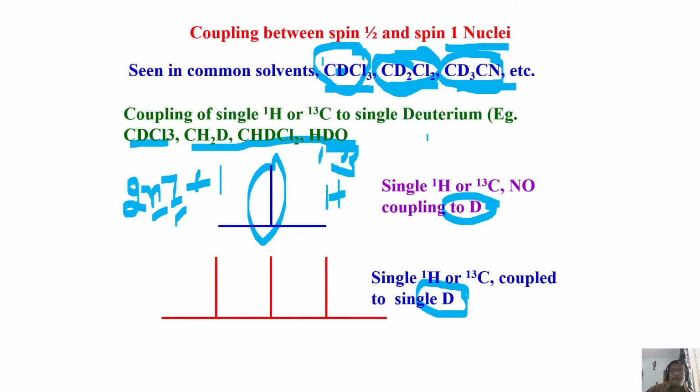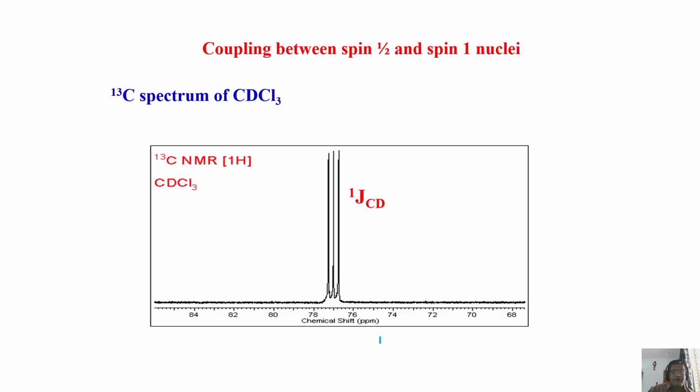But please remember, when a single deuterium is coupled to either a proton or a carbon, you will get 3 peaks of equal intensity, 1:1:1. This is a classic example. In the carbon-13 NMR of CDCl3, the carbon-13 line will be 3 lines of equal intensity. It is due to one-bond carbon-deuterium coupling.